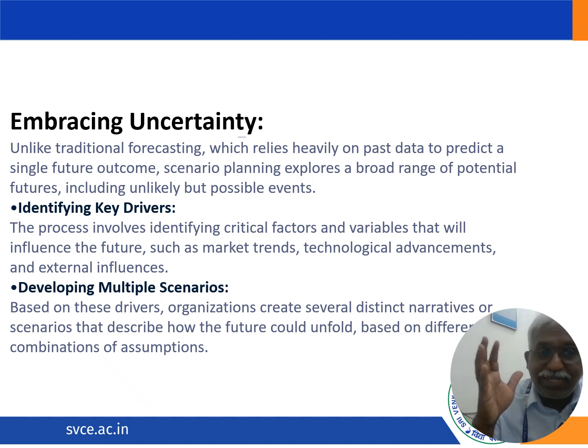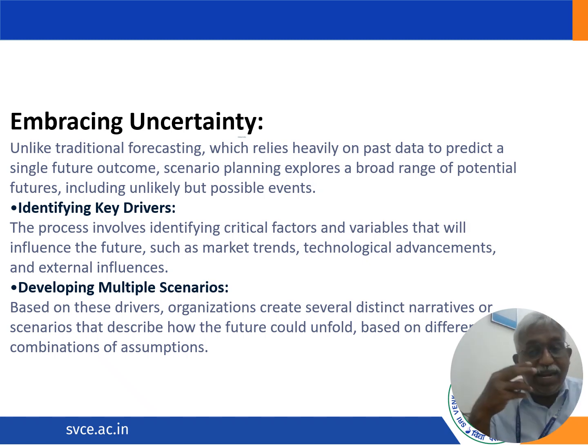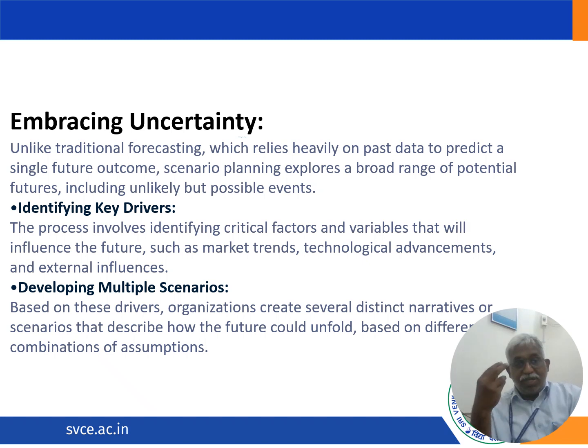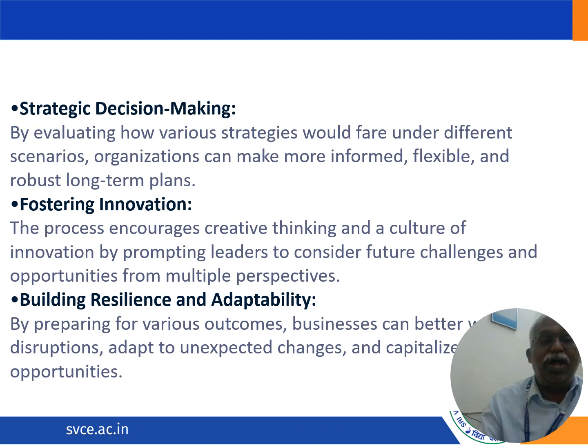So uncertainty is always there. Identifying key drivers, developing multiple scenarios, based on that we have scenario planning. Based on that, we will take decisions, forecasting, building adaptability. We will think something, and we need to adapt to various outcomes.